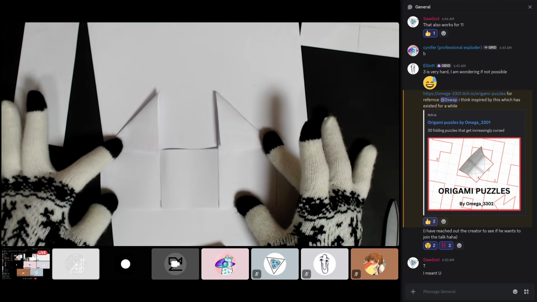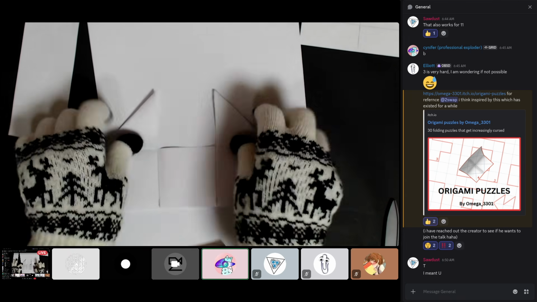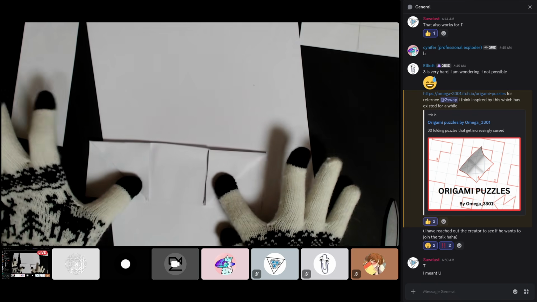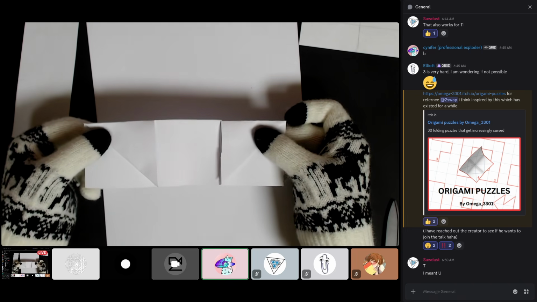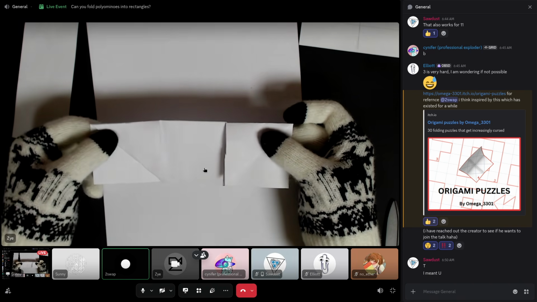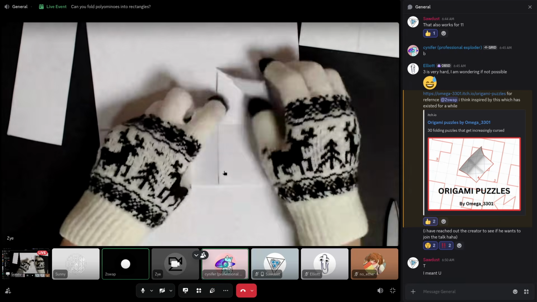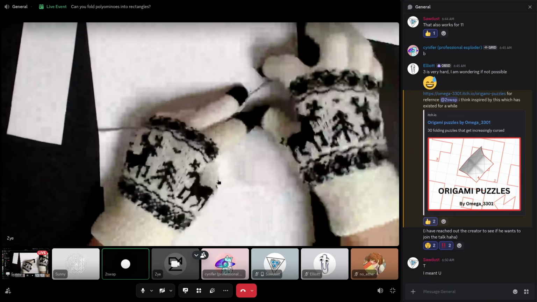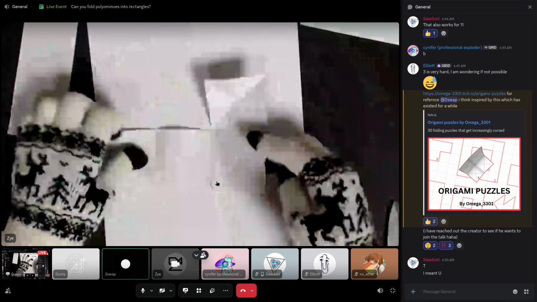Fold it down. I might be getting this wrong. I think I might see where you're trying to go with this, Zai. If you could unfold one of them, and then fold. Oh yeah. Fold the bottom right corner up and inward before you do that.